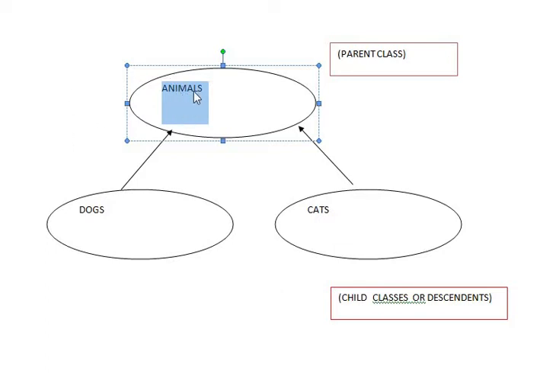However, there is one exception to the rule. That exception is that since this class animals has descendants known as dogs and cats, these descendant classes dogs and cats can easily access those protected data members.